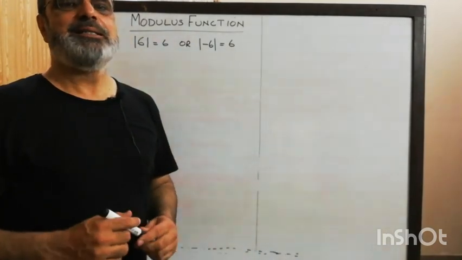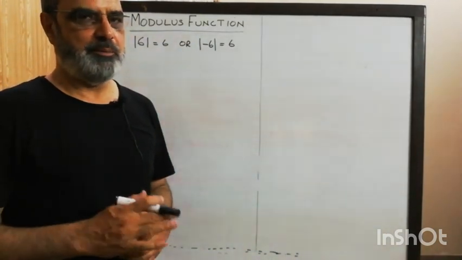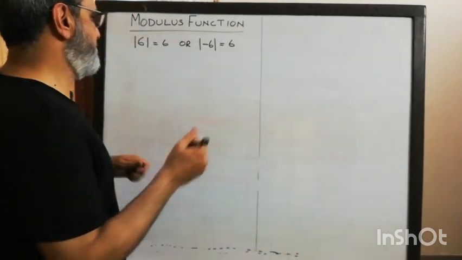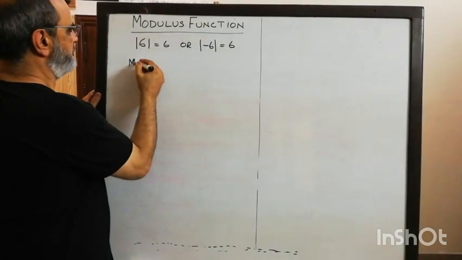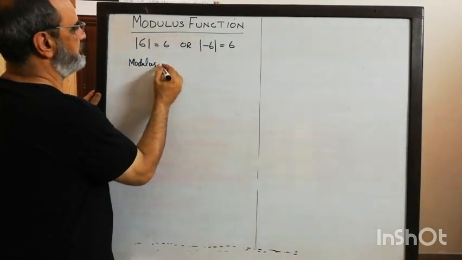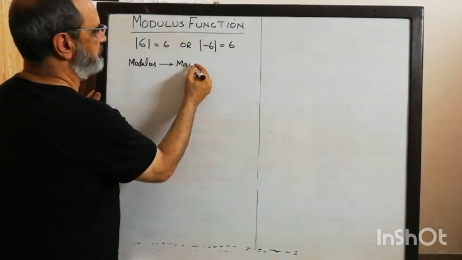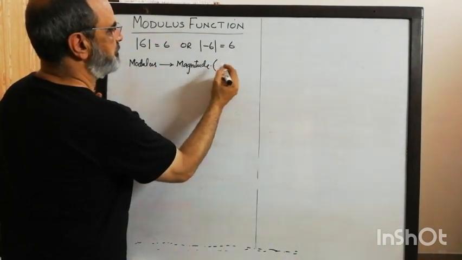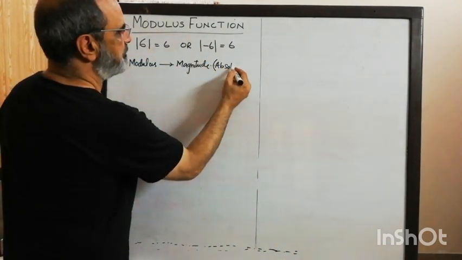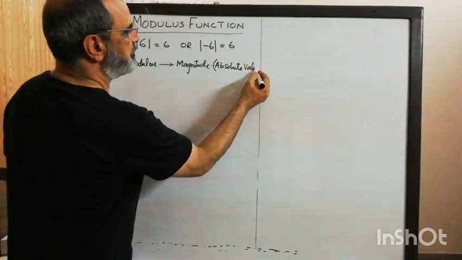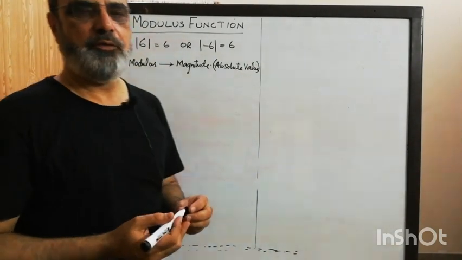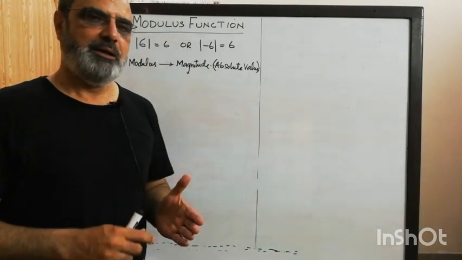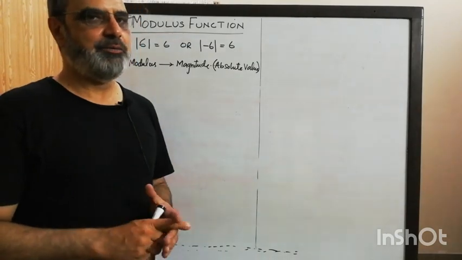Modulus actually represents the magnitude of a number or the absolute value of a number. So modulus of a number or a quantity represents its magnitude or its absolute value irrespective of sign.